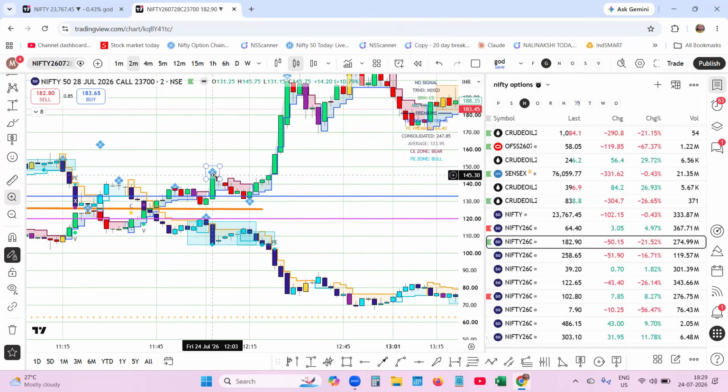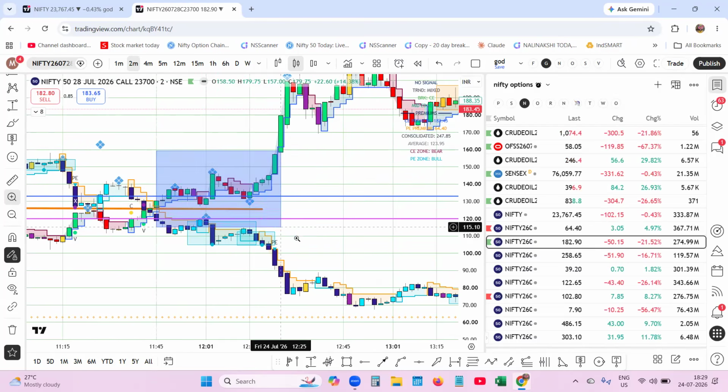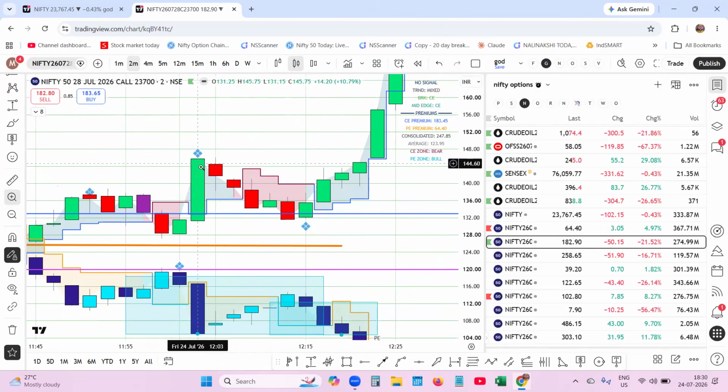Once this big bar comes, if you enter above this candle, your stop loss will be here. I don't want to take the risk. I wait for the pullback. In the pullback reversal, you can make out very clearly the red candle forming and the green candle forming.